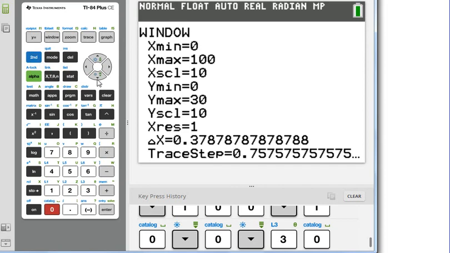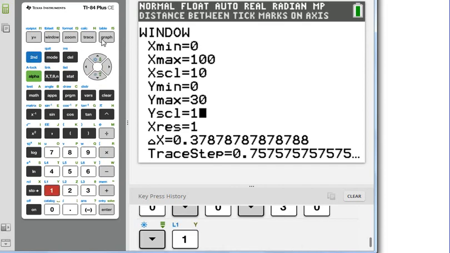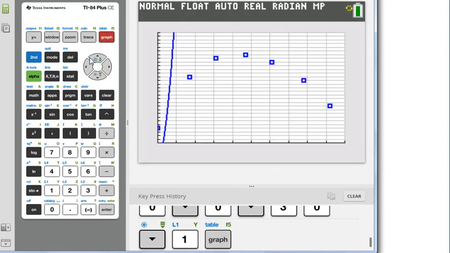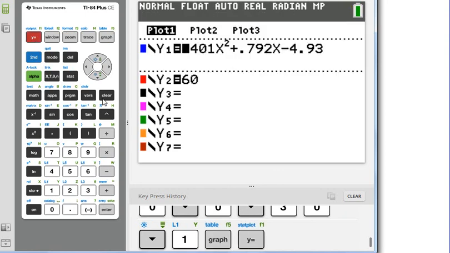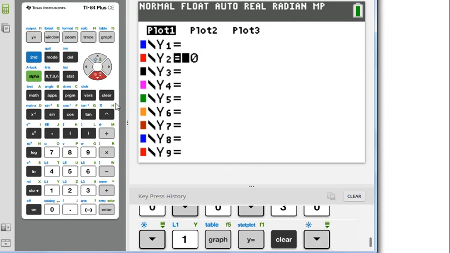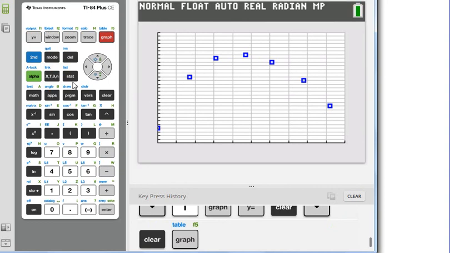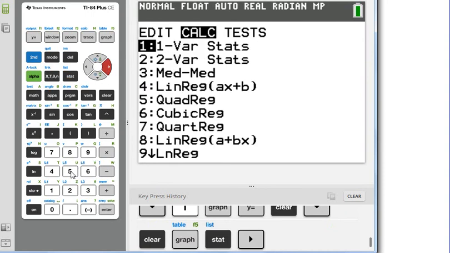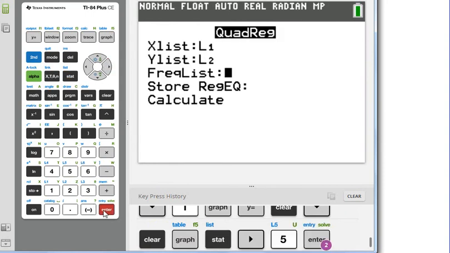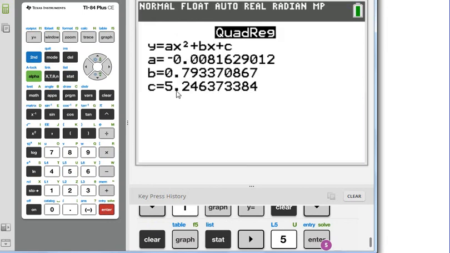And now I'm going to go by ones. So we see, if we graph, this is what we get. I'm just going to clear. So we just see the points right here. And if we go to stat calc 5 and enter all the way down, we get this data here, and we can put this data in and it would match pretty well the curve.